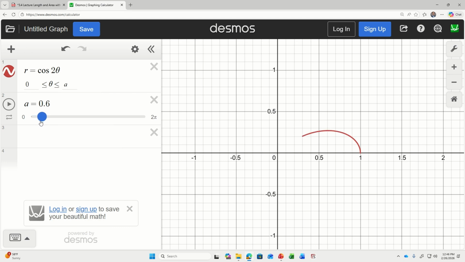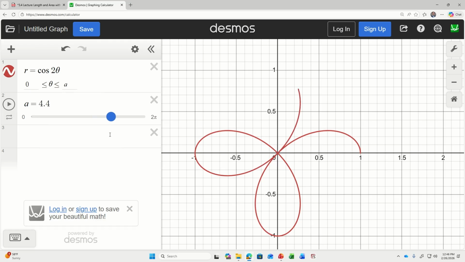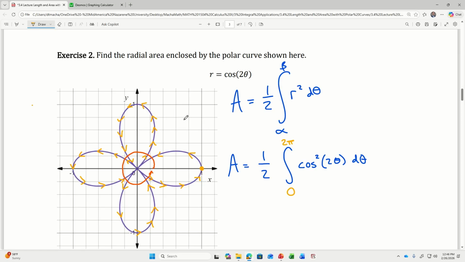And as theta is increasing from 0 to 2 pi, it looks like this. And the only reason I know how to trace these curves myself is because I've done this with Desmos like 10 or 15 times. So Desmos makes you smarter.